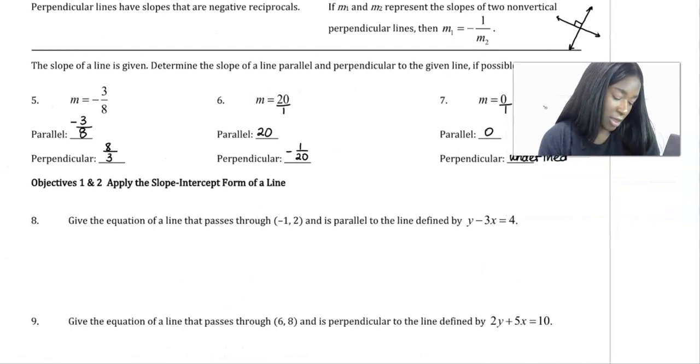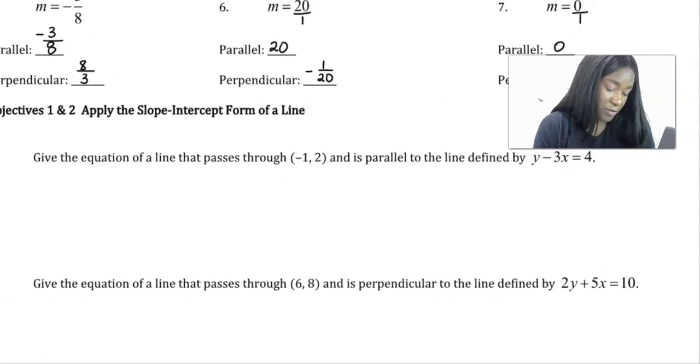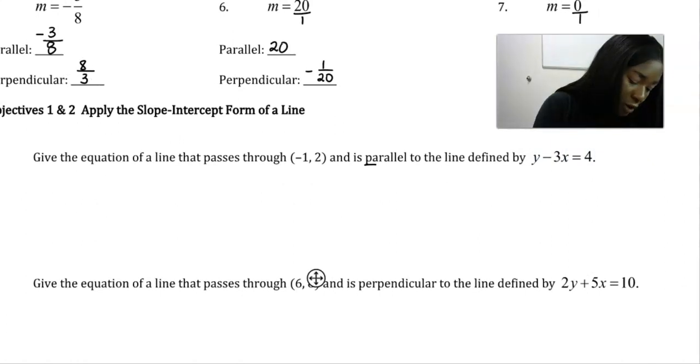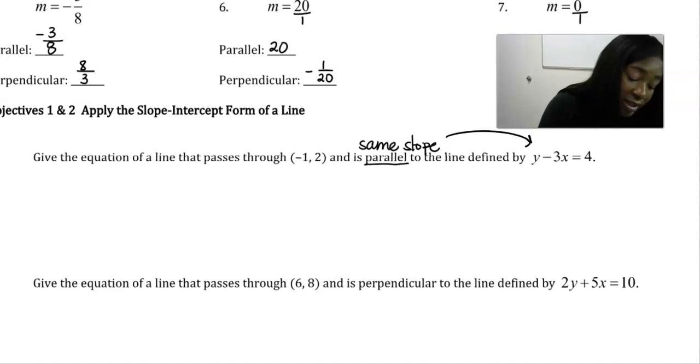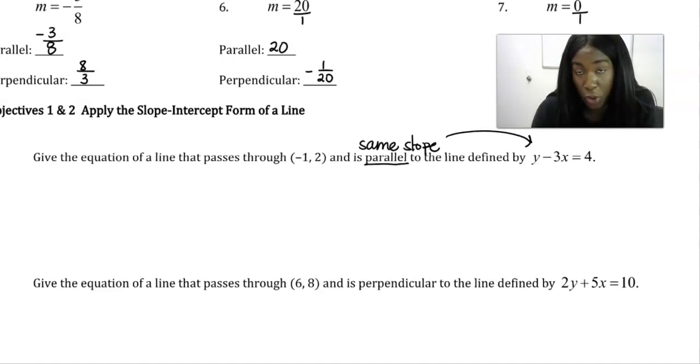So let's say we have a line that passes through the point (-1, 2) and is parallel to this line here. We want to find the new equation of that line. Key word here is parallel, which tells us that we're going to have the same slope as this line over here. So what we need to figure out is the slope of that line.